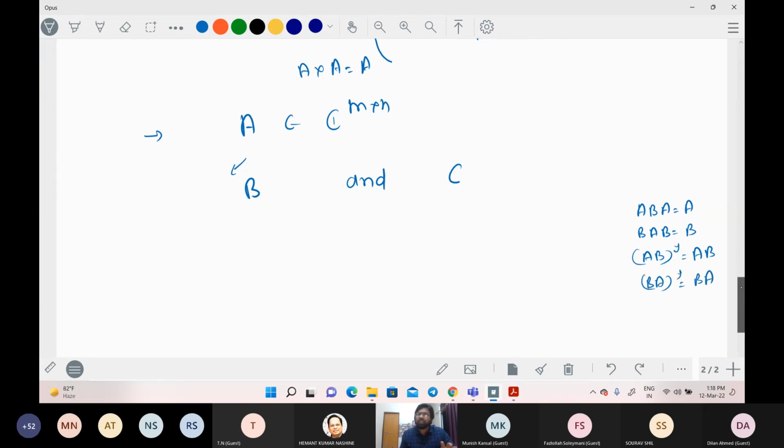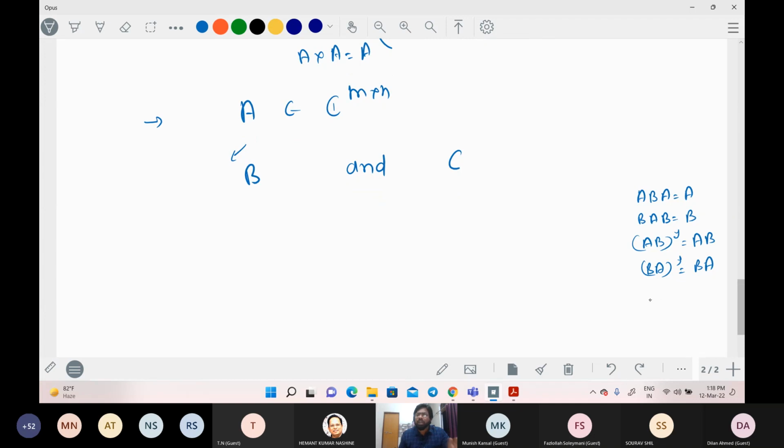Similarly, if I am saying that C is also a Moore-Penrose inverse of A, it will also satisfy the four matrix equations: ACA equal to A, CAC equal to C, (AC) star, the conjugate transpose of AC, equal to AC, and (CA) star equal to CA. So what is our aim? I will show that if B and C are Moore-Penrose inverses of A, then B must be equal to C.